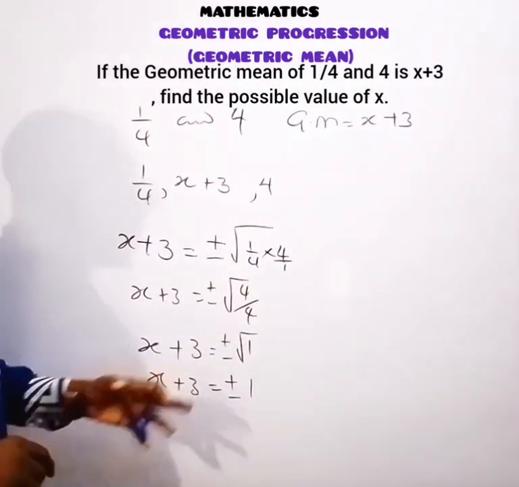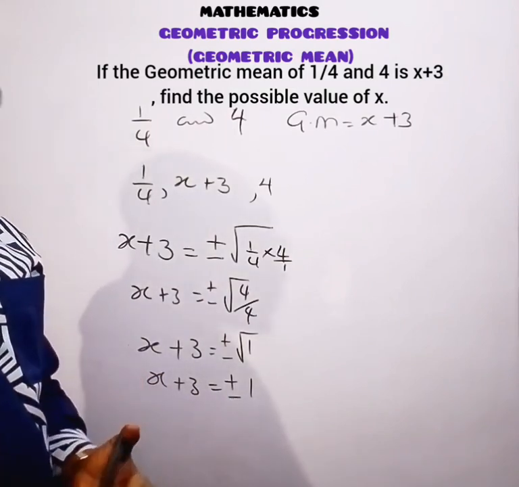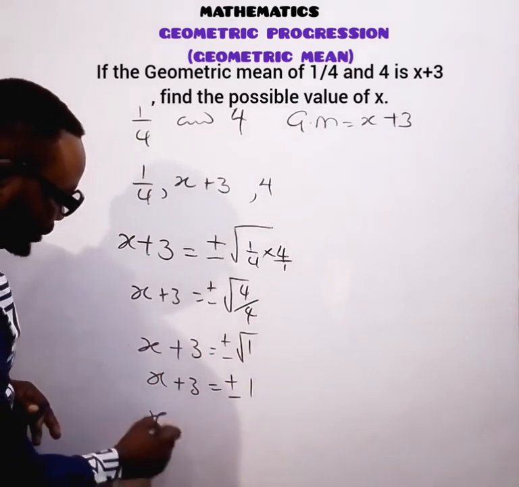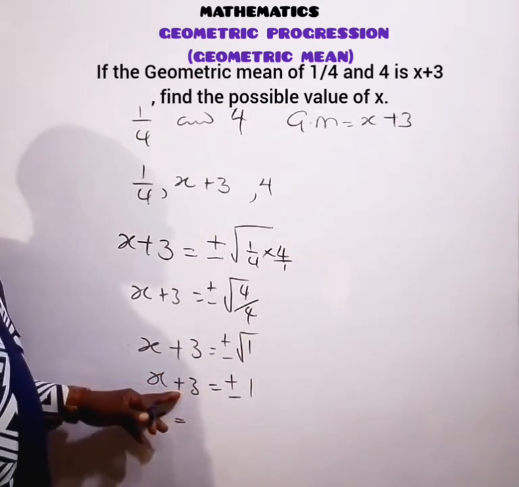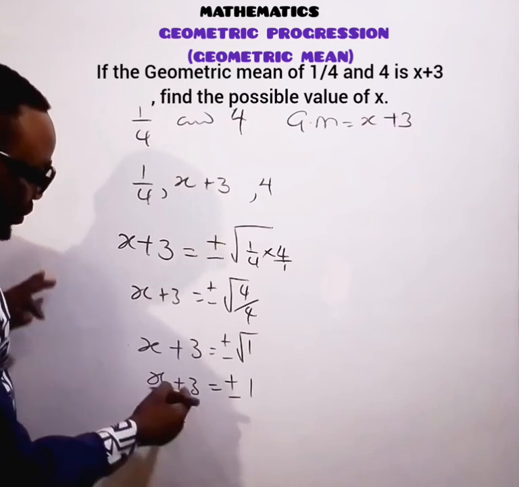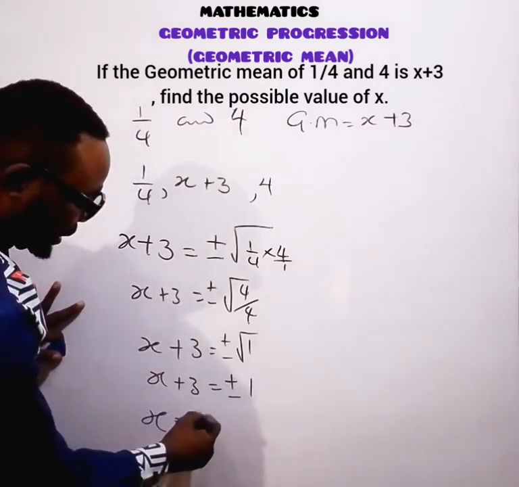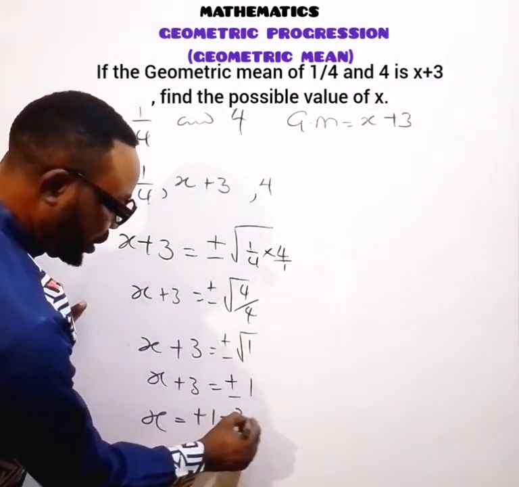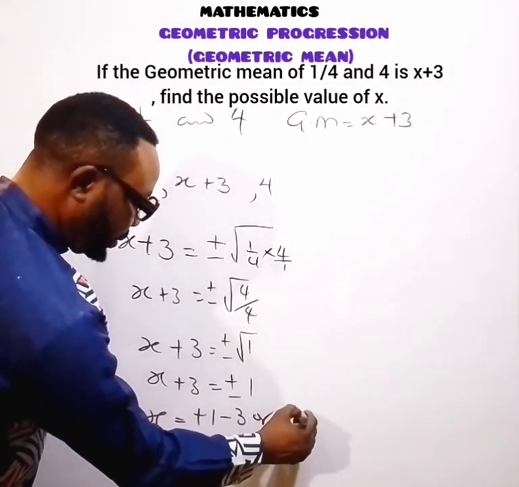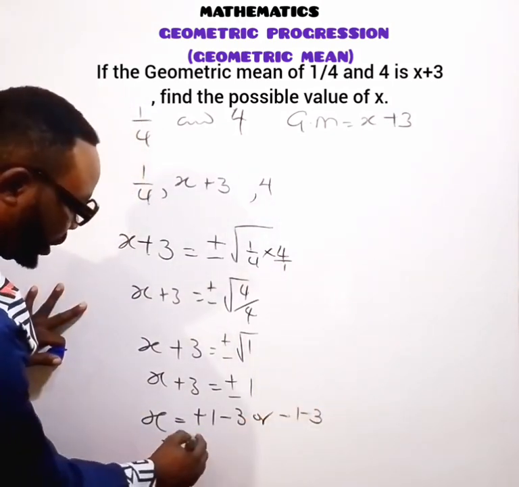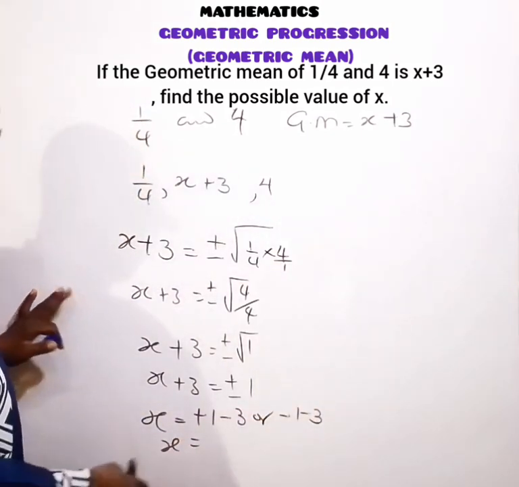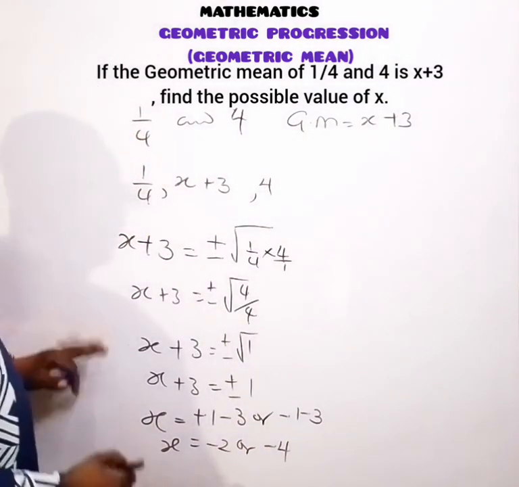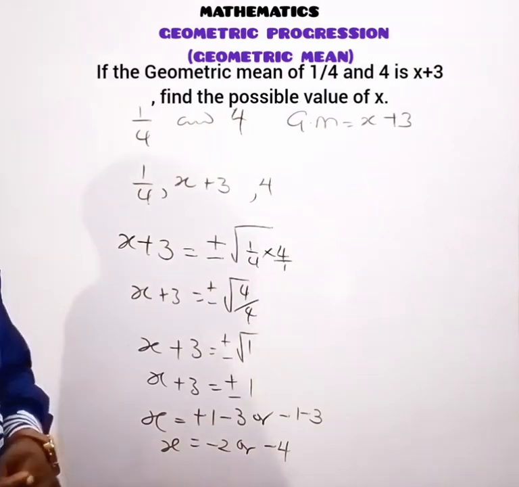Now, having got the value to be equal to 1, you can say that x will be equal to, by subtracting 3 from both sides, we take this 3 away to this side and it becomes negative. So we take the positive first, plus 1 minus 3, or minus 1 minus 3. So x will be equal to plus 1 minus 3, which gives us minus 2, or minus 4. Minus 2 or minus 4.